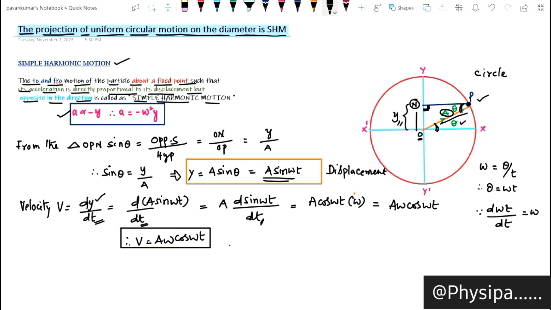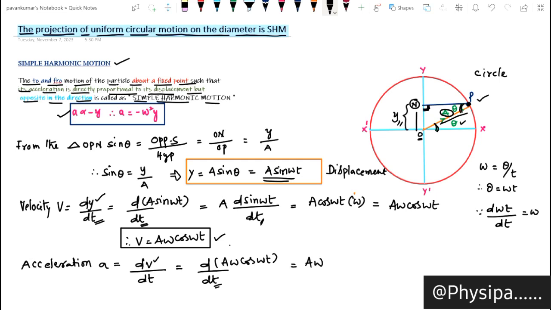Next, we have to calculate the acceleration. We know that acceleration is equal to the rate of change of velocity, that is a is equal to dv by dt. Here v is the velocity of the particle, which is equal to A omega cos omega t. By substituting the v value here, we get d by dt of A omega cos omega t. The differentiation is with respect to time, so the terms which do not contain time are constants, so A omega into d by dt of cos omega t.